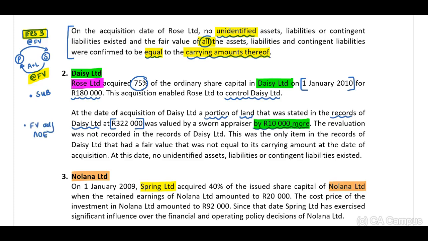The revaluation was not recorded in the records of Daisy Limited. Why? Because this is a group rule in terms of IFRS 3. This was the only item in the records of Daisy Limited that had a fair value that was not equal to its carrying amount at the date of acquisition. At this date, no unidentified assets, liabilities, or contingent liabilities existed.